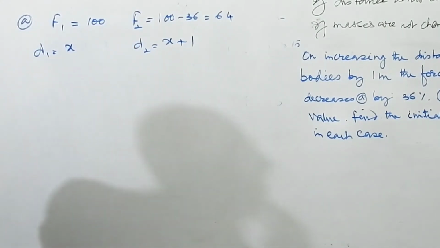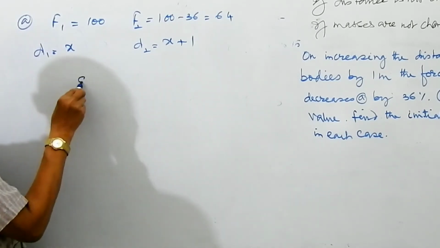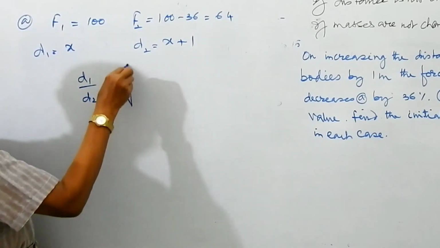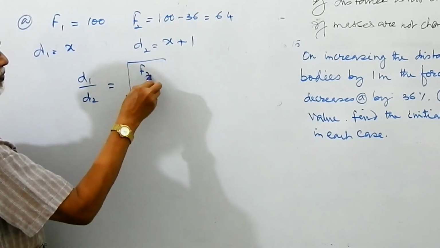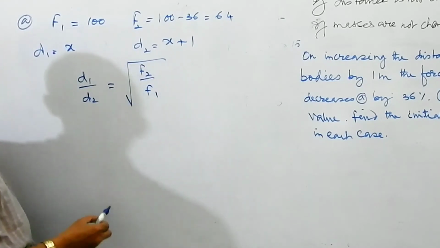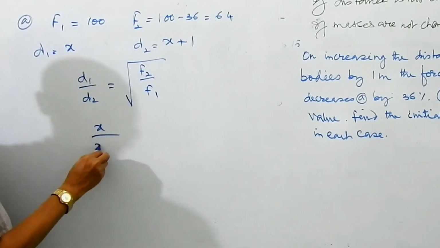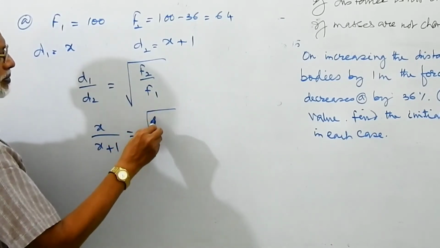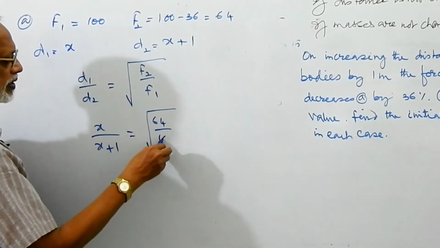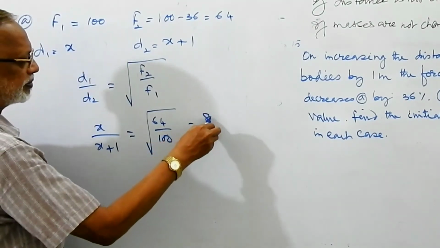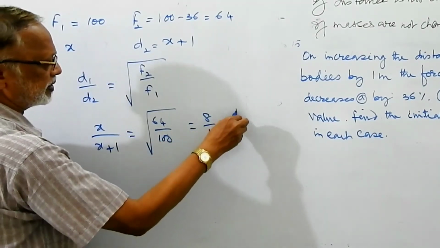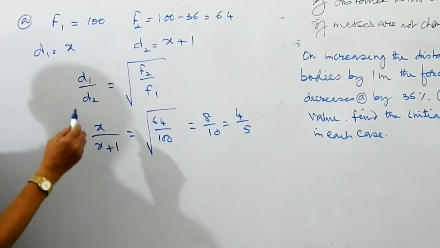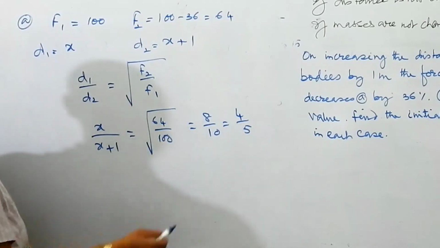You are asked to find the distances. We know that d1 by d2 is equal to under root F2 by F1. x by x plus 1 is equal to under root 64 by 100, that's 8 by 10, that's 4 by 5.